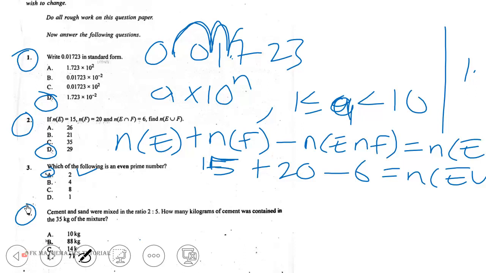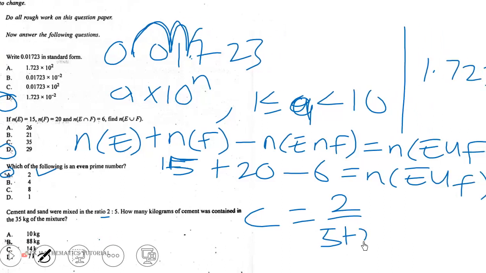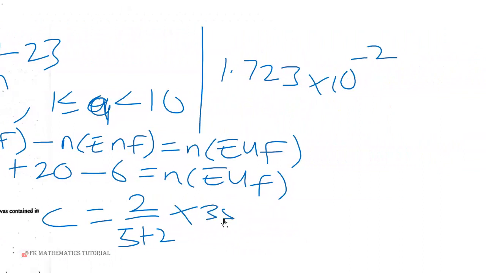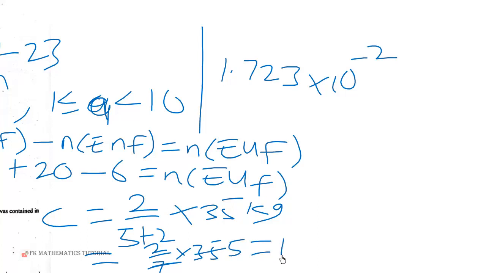So cement will be equal to cement corresponds to 2, so 2 over the total ratio 5 plus 2, times 35 kg, and that will be equal to 2 over 7 times 35. 7 will go into 35 5 times, 2 times 5 is 10, so 10 kg of cement. So the correct answer is A.